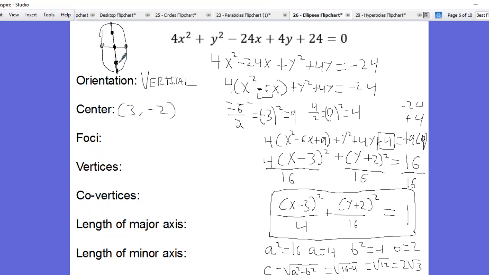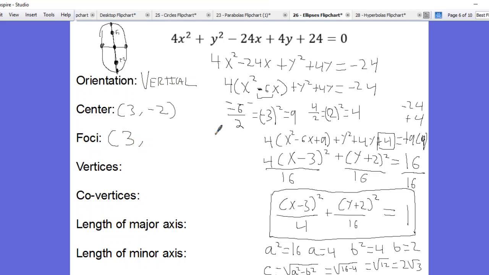So for my foci, F1 and F2, does the x-coordinate of the foci change from the x-coordinate of the center? Well, look, this is the center. These are the foci. No, it doesn't change. So the x-coordinate is 3.